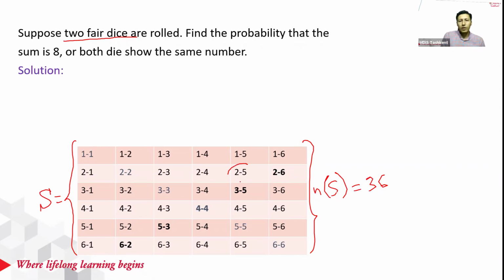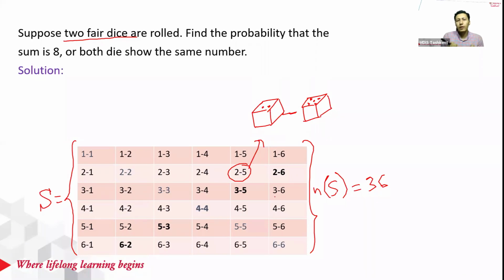For example, 2 5 means the first die shows 2 and the second one shows 5.